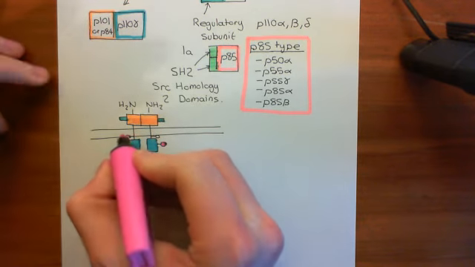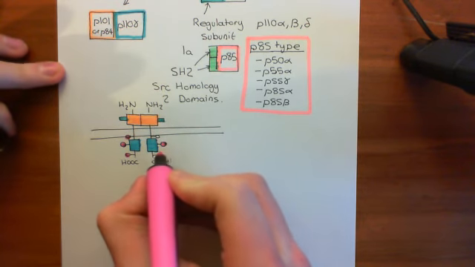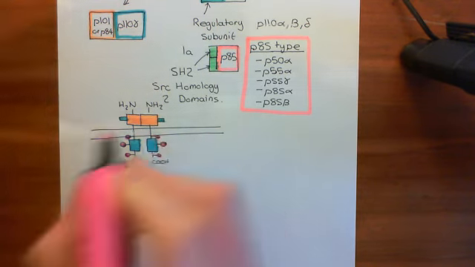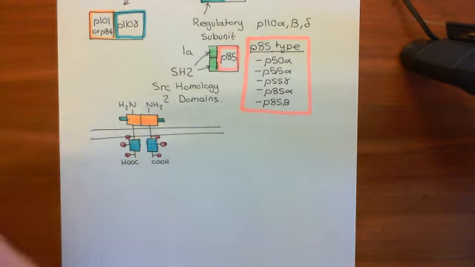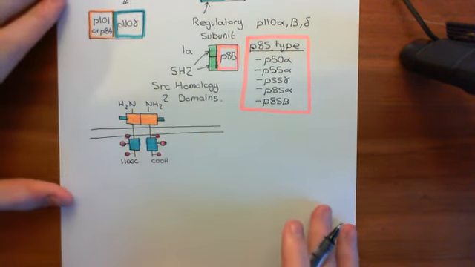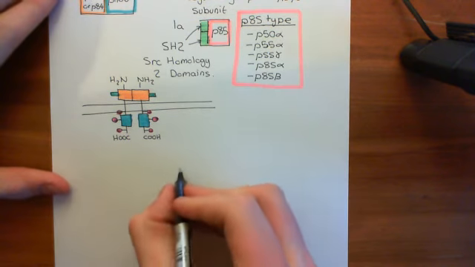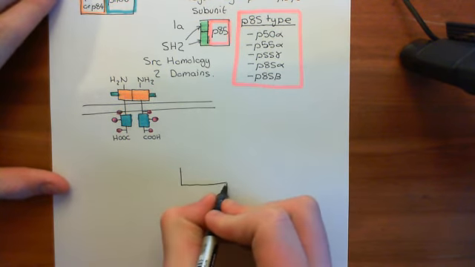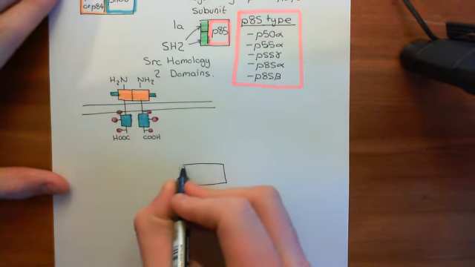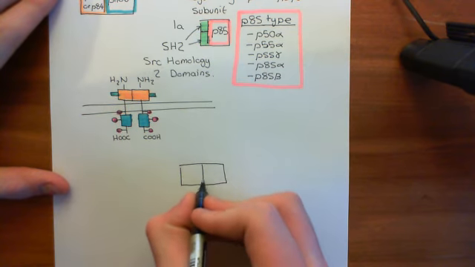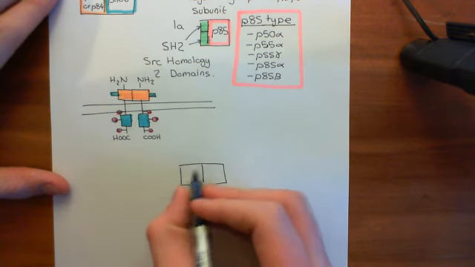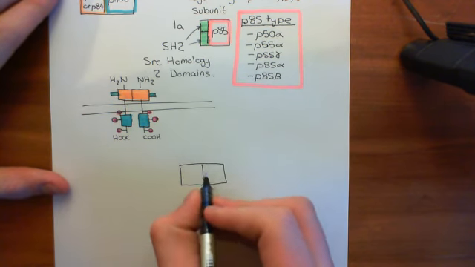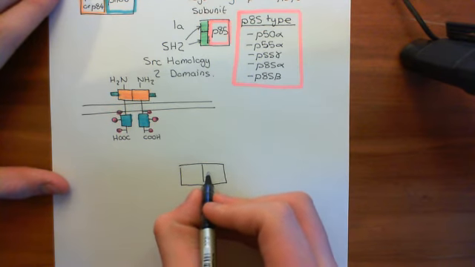Okay, right. And now what's going to happen is we're going to get the activation of these type 1A PI3 kinase enzymes. Initially the type 1A PI3 kinase enzymes are within the cytoplasm. So here we have our inactive type 1A PI3 kinase enzyme.